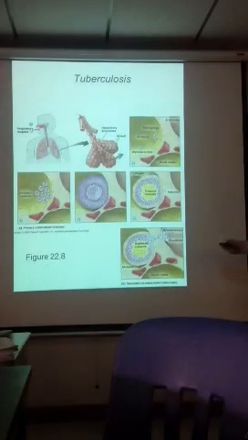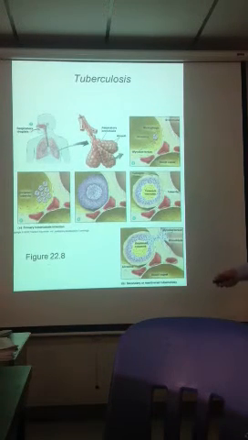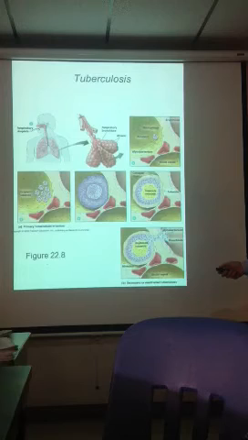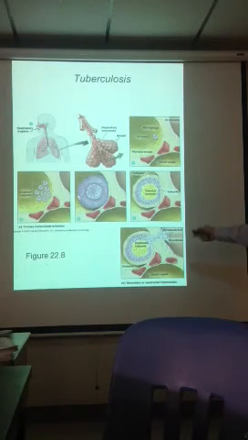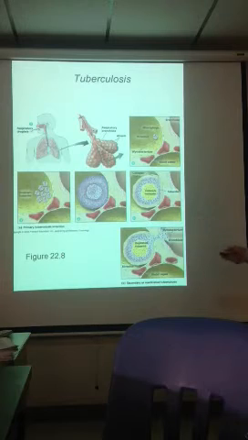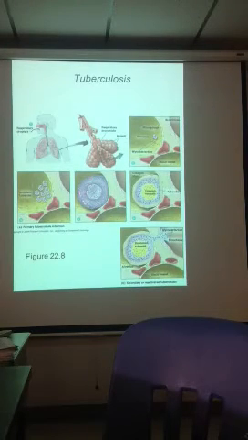So as the macrophages take up the bacteria, the bacteria just simply multiply. And when the macrophages die, the bacteria still remain, and they form this kind of mass, right? Which consists of the live bacteria and the dead macrophages. Right? So this is what accumulates inside the lungs.